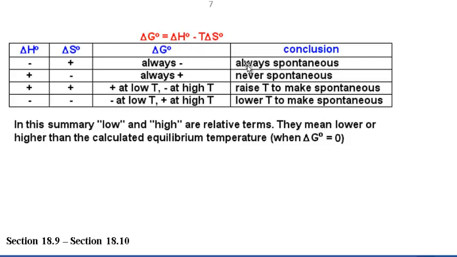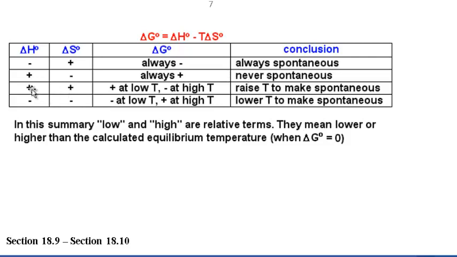It's always exergonic regardless of temperature. If your delta H is positive and your delta S is negative, so positive, negative, and negative make it positive, so your delta G is positive regardless of temperature. This reaction, delta G, is endergonic, and it's not spontaneous in the forward direction.